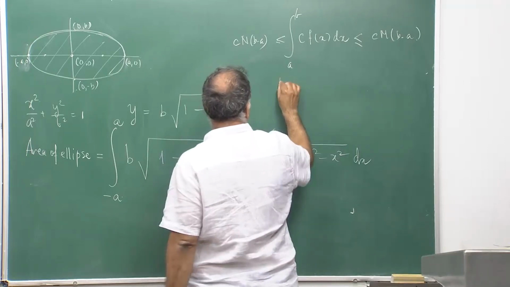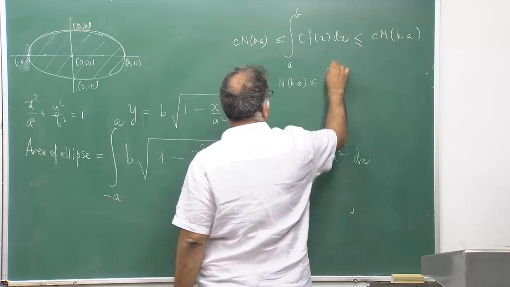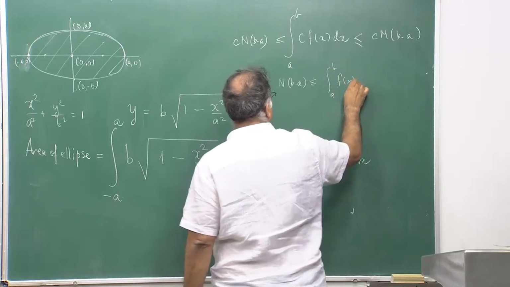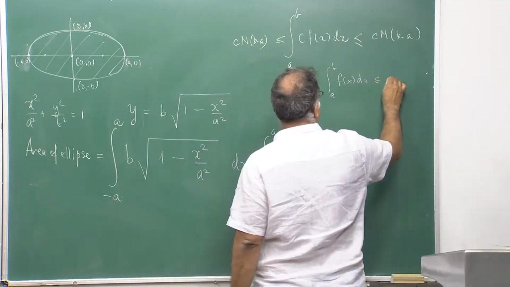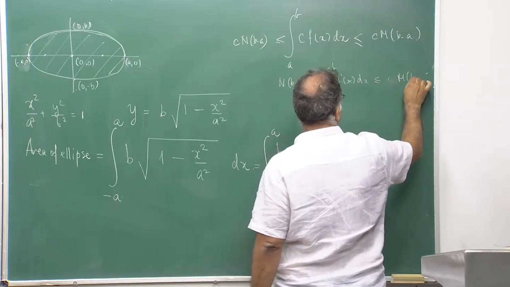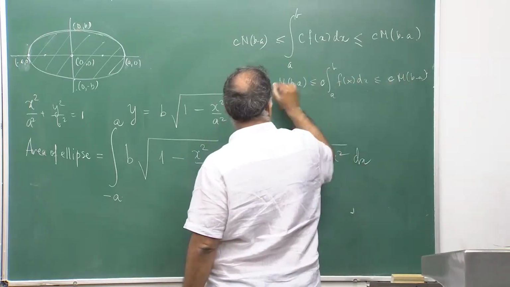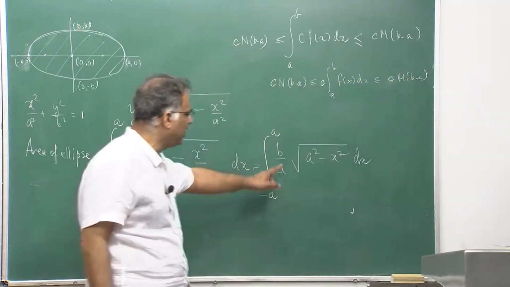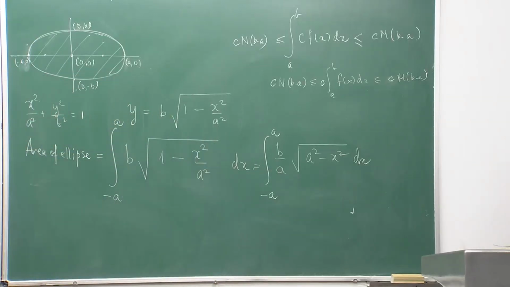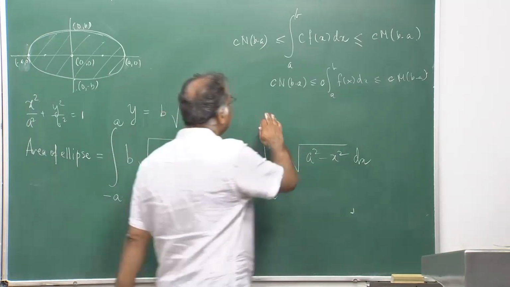Now you already know that m times b minus a is less than or equal to integral a to b f(x) dx, less than or equal to capital M times b minus a. So if I multiply by a positive number c, you are getting this inequality.